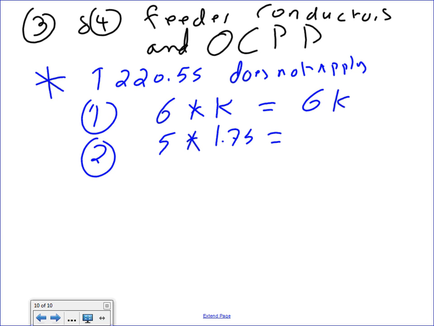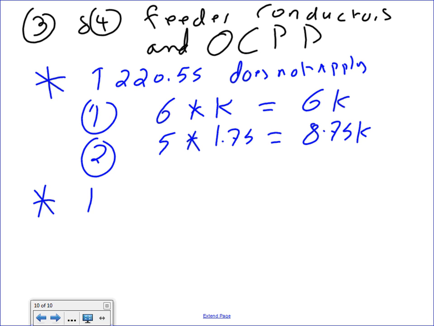Everybody knows where the 1 is. Load type number 1, load type number 2. The table doesn't apply to them, so what do we have? 8.75. Anything else under the table does not apply? No? So let's go to the second set.